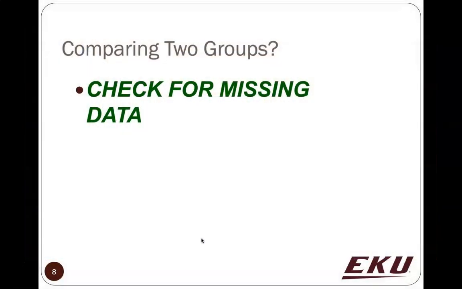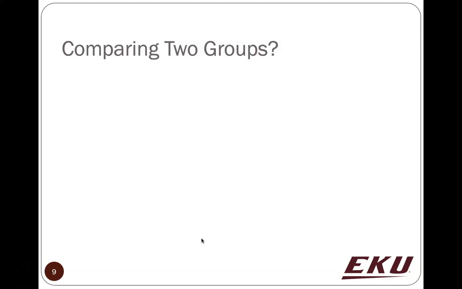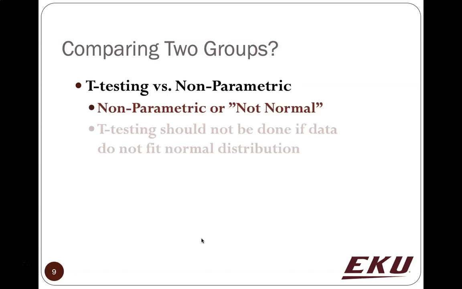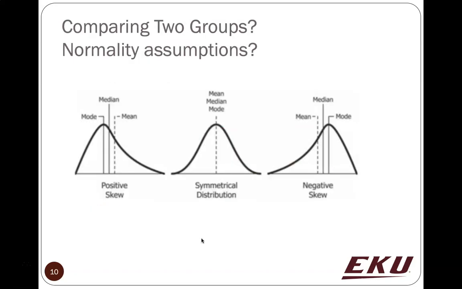I can show you that when we open up the Excel table in a second. So we'll check for missing data first. I'll come back to that. So t-testing and non-parametric stats, that's what we're going to focus on really quickly here.